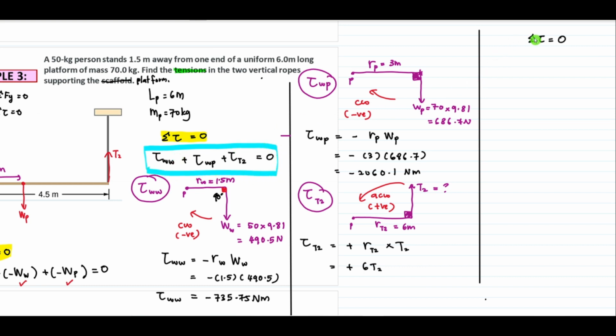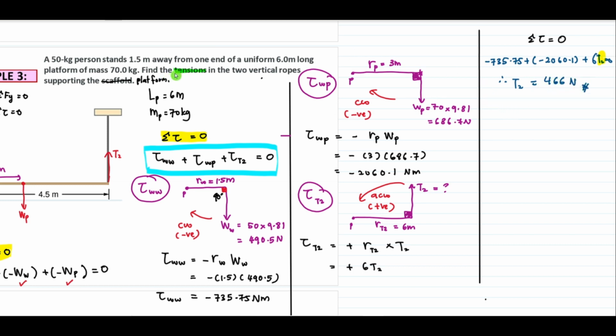So we can put in here: torque due to the weight of the woman, so negative 735.75, plus torque due to the weight of the platform, negative, do not forget the negative, 2060.1, plus torque due to the second tension T2, which is 6 T2, and it is equal to 0. Okay, so let's calculate. You solve it because we have only one unknown here, T2. So we can find T2. In the end you will get T2 as 466 Newton.